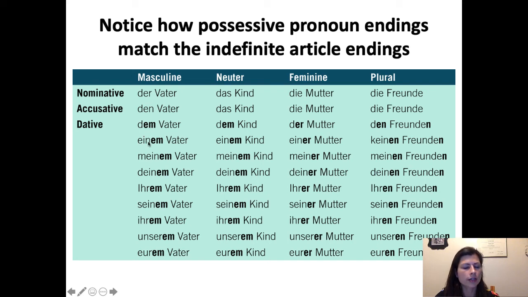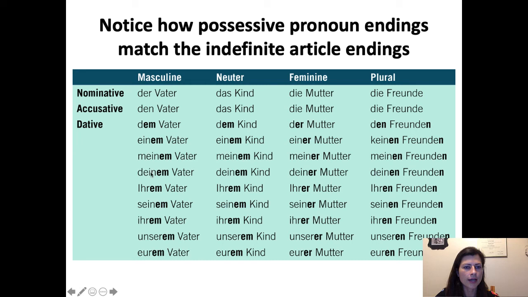And now let's look at the indefinite article, einem, right? Einem Vater, indefinite article for dative, masculine. And then let's look at all of the possessives, meinem Vater, deinem Vater, ihrem Vater, seinem Vater, ihrem Vater, unserem Vater, eurem Vater. So they take all the same endings that the ein does.